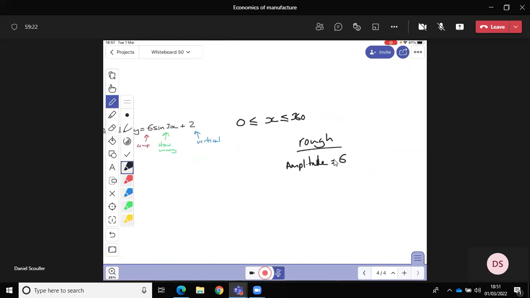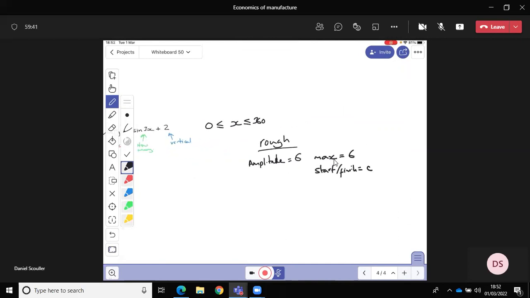So our max equals 6, our start finish equals 0, and our minimum equals -6.